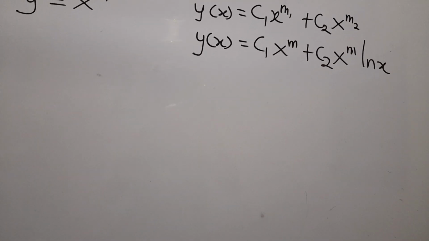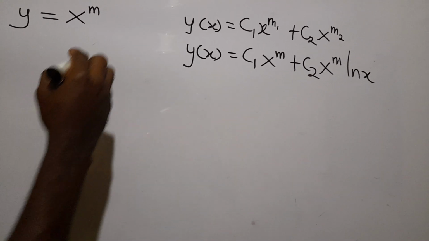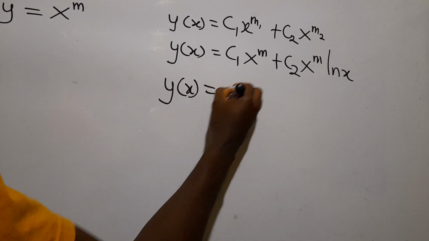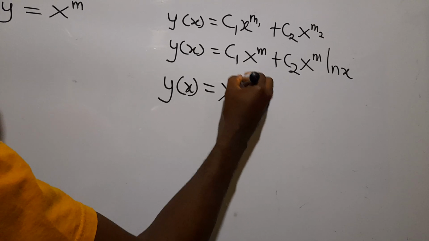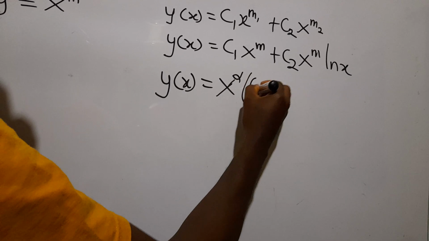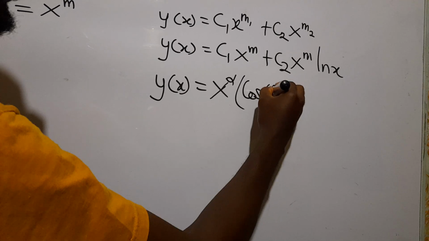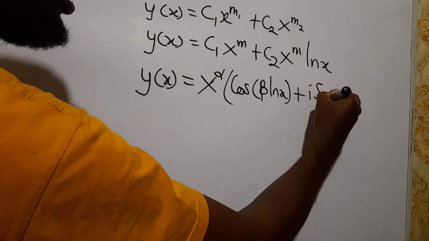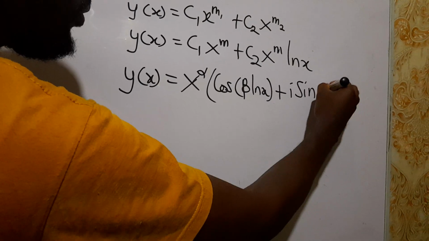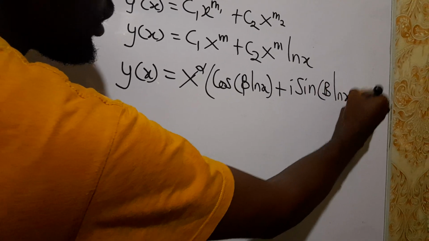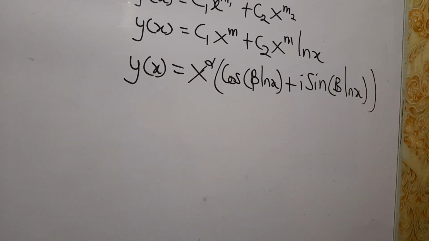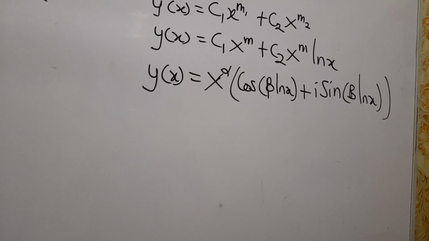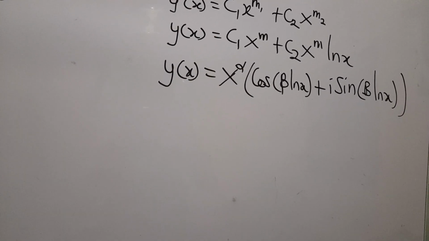If we are faced with a complex root system, then our general solution will be y of x equal to x exponent alpha times cos beta ln x plus i sine beta ln x, where alpha is the real part of the complex root and beta is the coefficient of the complex part.